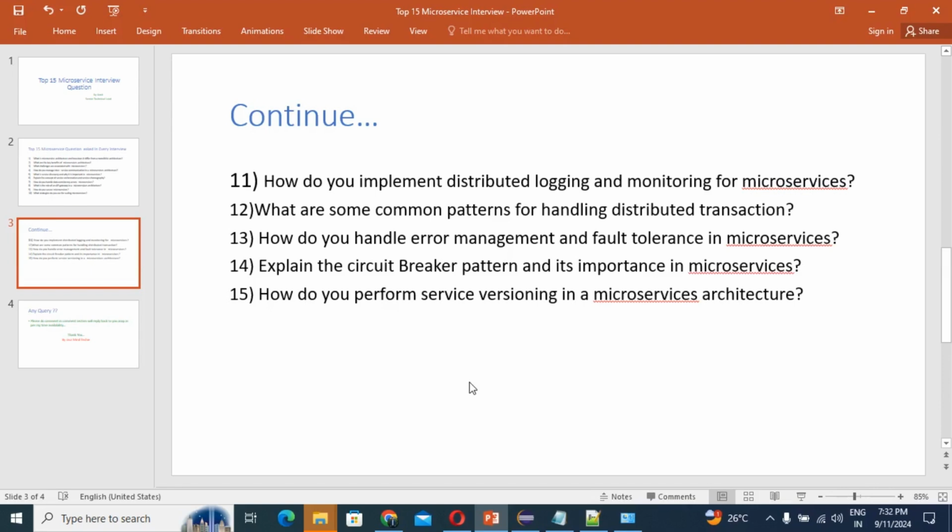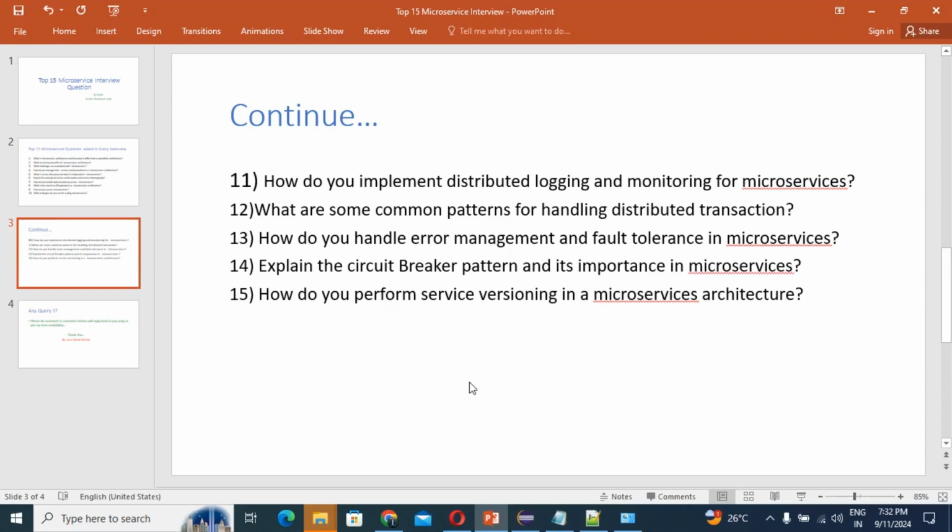You may have heard of the circuit breaker. Circuit breaker pattern means preventing repeated failures by breaking the circuit and redirecting traffic when a service is experiencing issues. You may have heard of it, and you may use this pattern in many places.